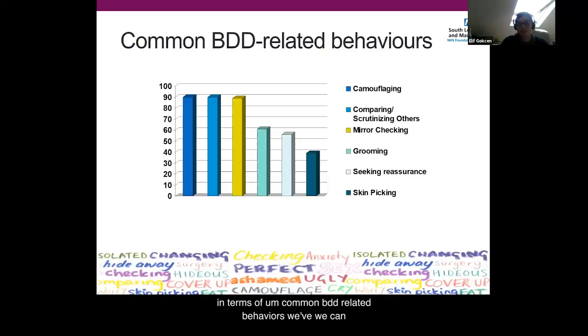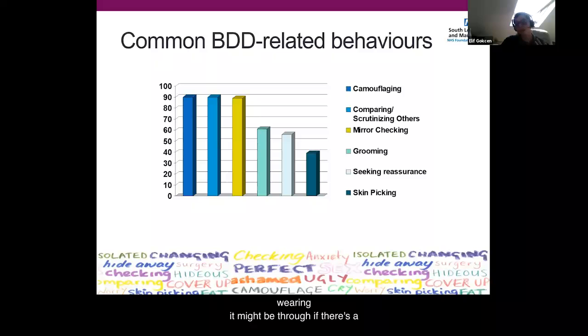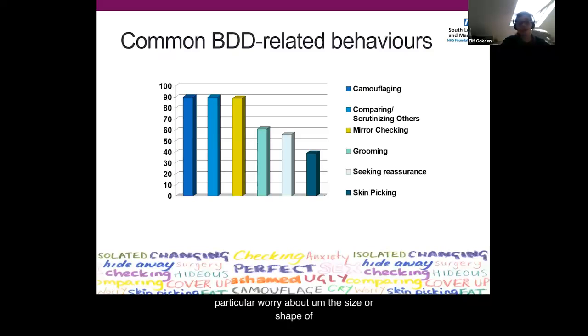In terms of common BDD-related behaviours, we can hear a lot about the idea of camouflaging, so covering up, and this can be through the types of clothes that someone might be wearing. If there's a particular worry about the size or shape of a young person's head, for example, they might be camouflaging using hats and scarves. We know that excessive makeup can come under this headline as well.